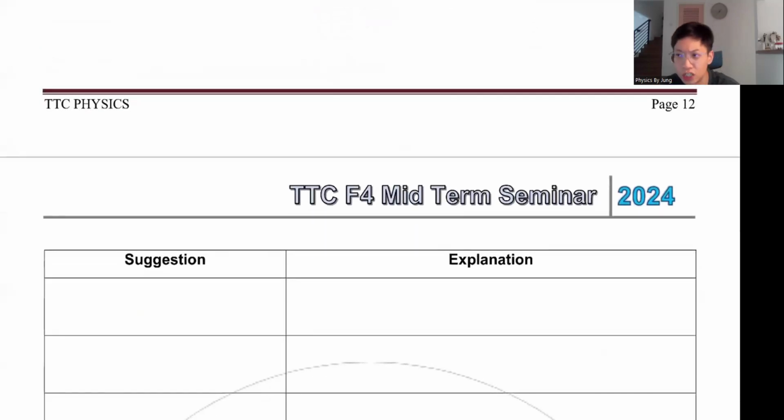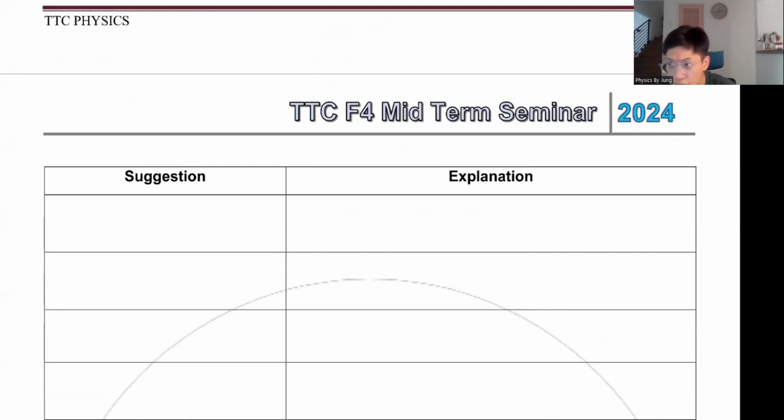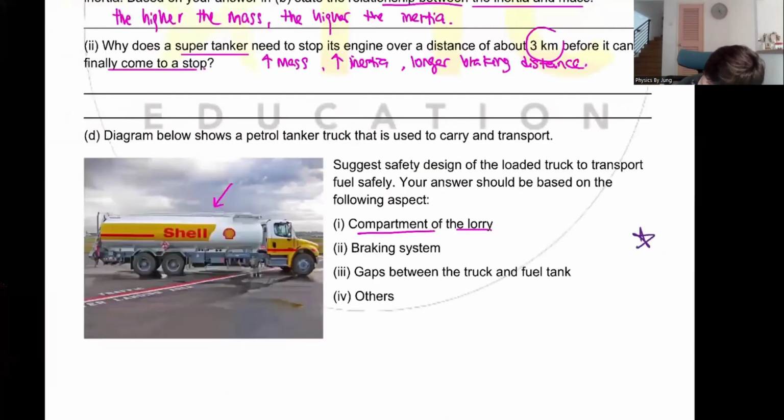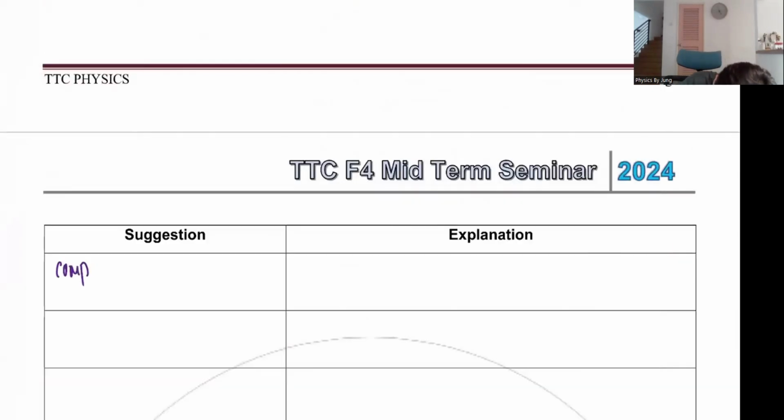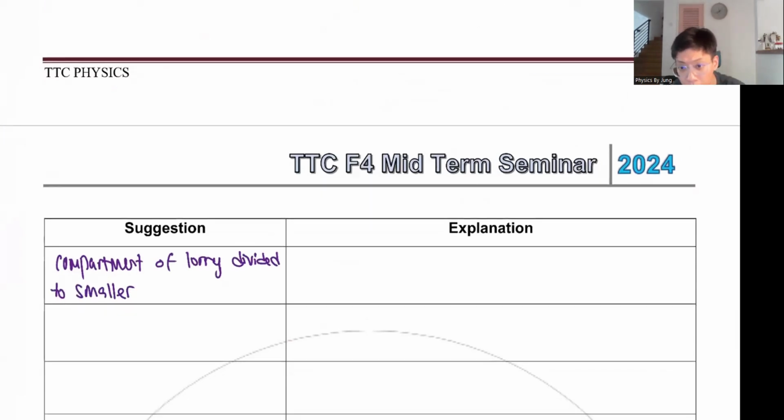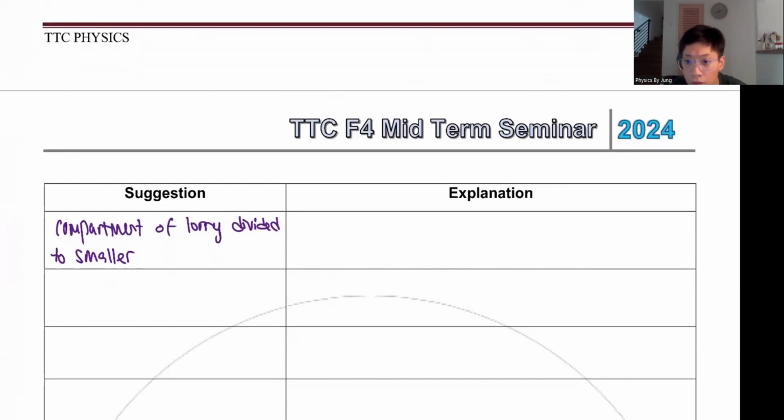You can say split into sections, split into compartments, or split into smaller parts. Any of them is fine. So in this case, I will say that the compartment of the lorry is divided into smaller tanks, or you can say smaller parts.